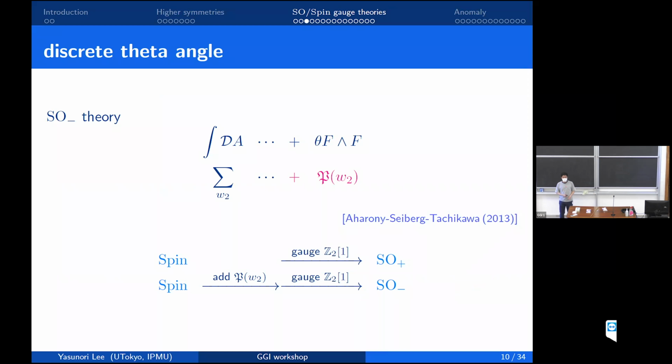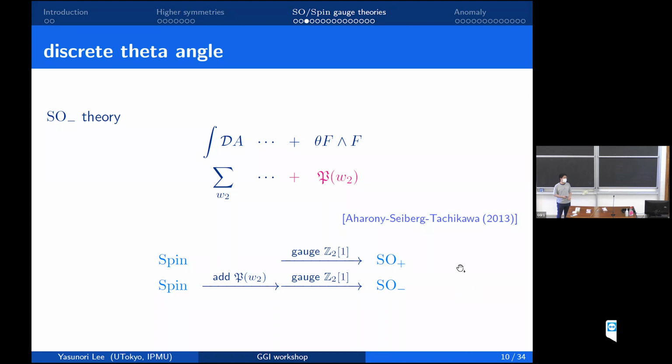But there's yet another subtlety. You have to be careful. By examining the possible line operator spectrum, Aharony, Seiberg, and Tachikawa found that there's actually another SO gauge theory. This theory differs from the ordinary SO gauge theory by what is called a discrete theta angle.